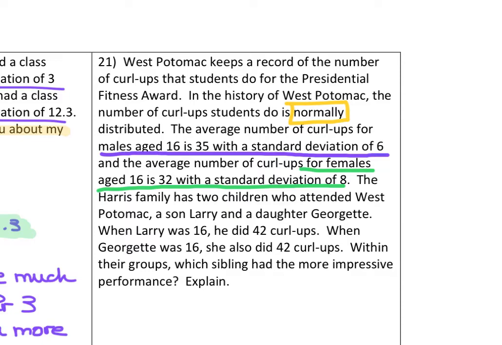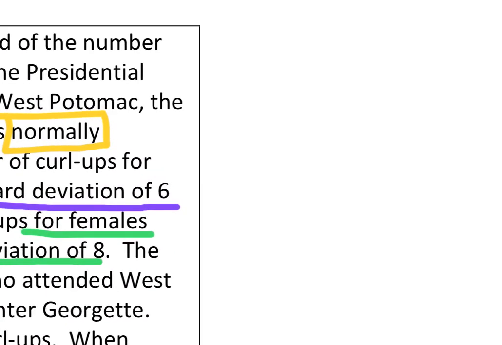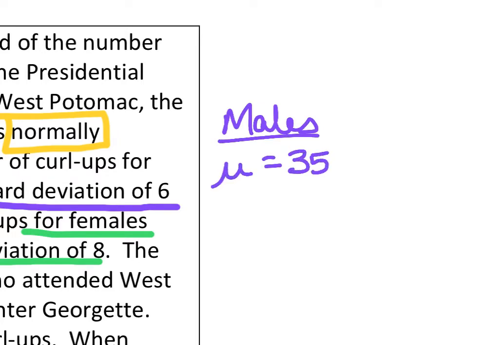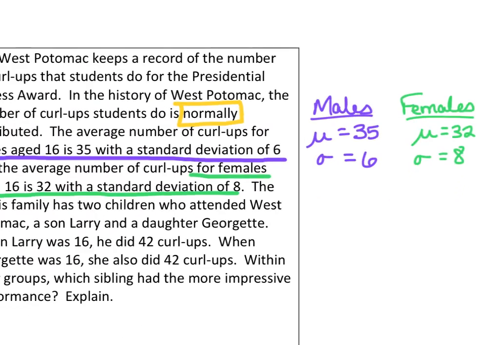So that's the first piece of information that you want to look at, and then I might make a little list over here like I did in the previous problem and just say, okay, the data for males has an average of 35, standard deviation of 6, and for females the average is 32 with a standard deviation of 8.